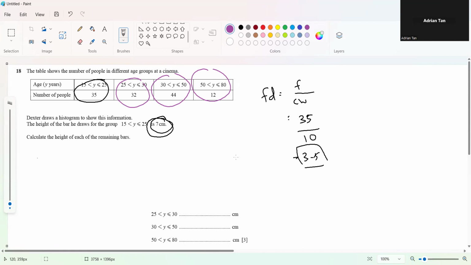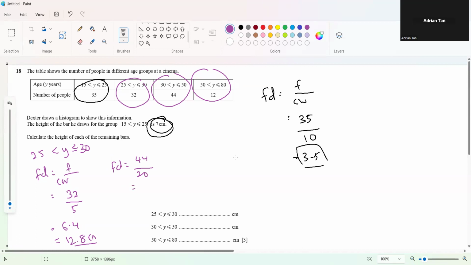So for the next one, the class of 25 to 30, the frequency density is f over class width. So that is 32 over 5, which is 6.4. And then from there, the height would be 12.8 cm, multiplied by 2. For the next one, FD equals 44 over 20.